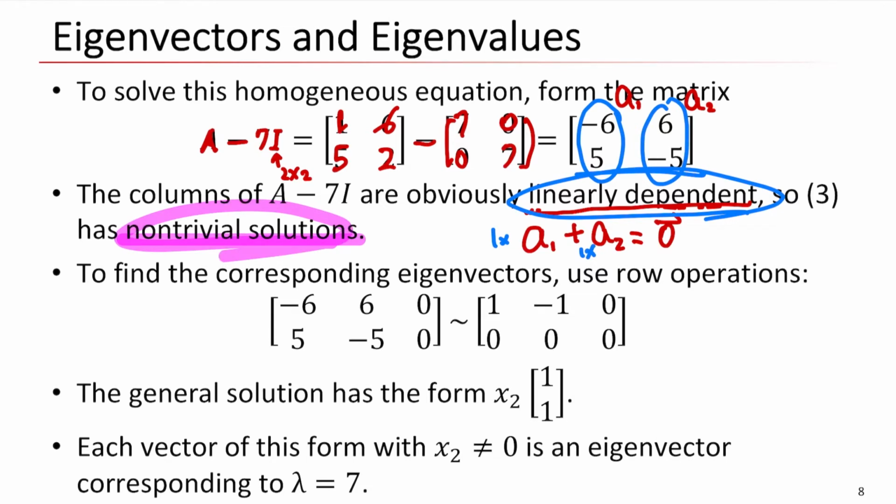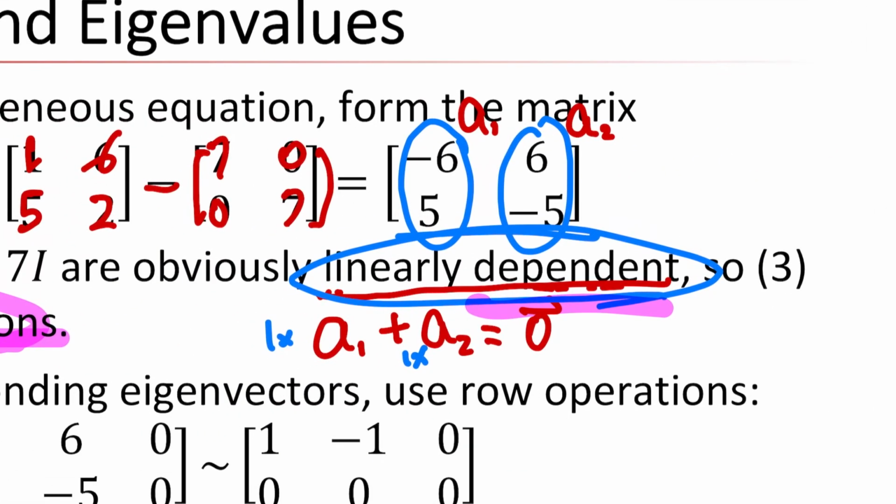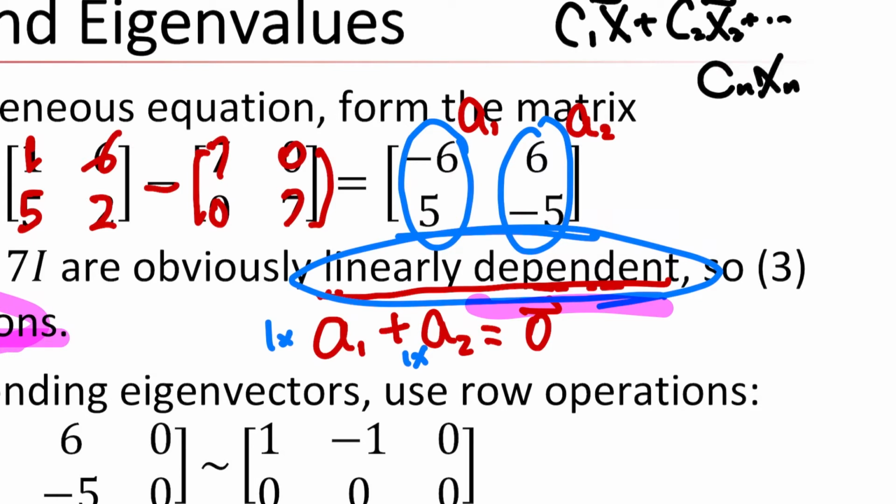If we go back to our previous lectures, if the column vectors are linearly independent, there is only the trivial solution, x equals 0, right? You understand what I mean? So consider C1 x1 plus C2 x2 through Cn xn. Okay, let's think about this equation.